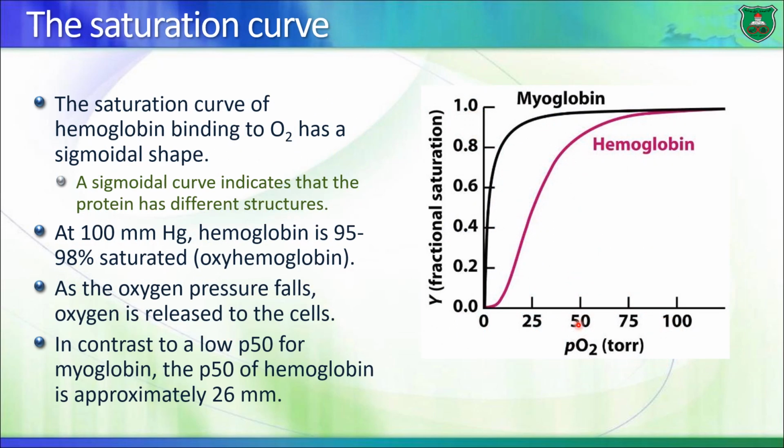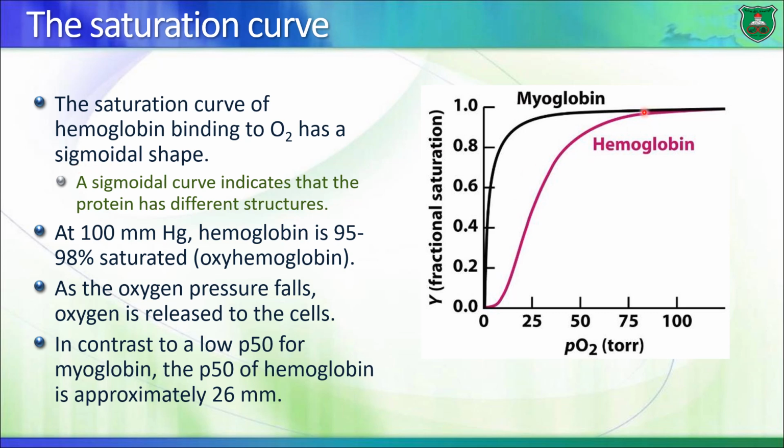Well, if we look at the oxygen saturation curve for hemoglobin, it looks sigmoidal. Okay, so this is hyperbolic for myoglobin and sigmoidal for hemoglobin.